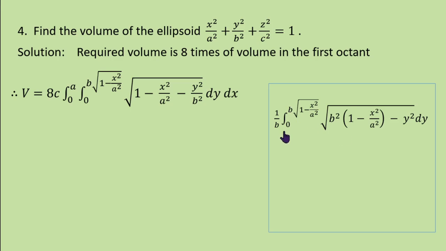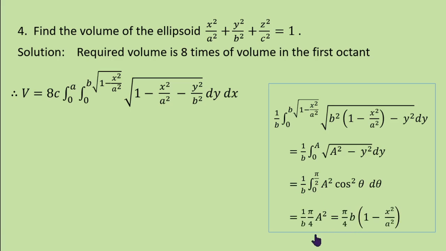Now this integral is nothing but 1 by b into integral 0 to capital A of square root of A square minus y square. By substitution method, assume that y is A sin theta. This becomes A square cos square theta d theta, integrated from 0 to pi by 2. Therefore, take capital A square outside, A square by b, cos square theta integral from 0 to pi by 2 is pi by 4.